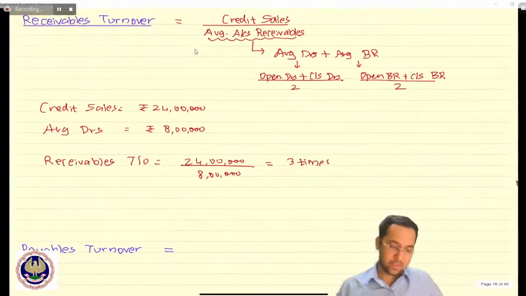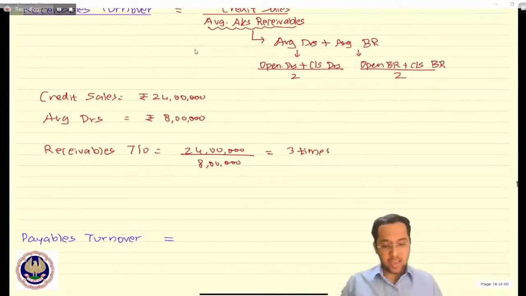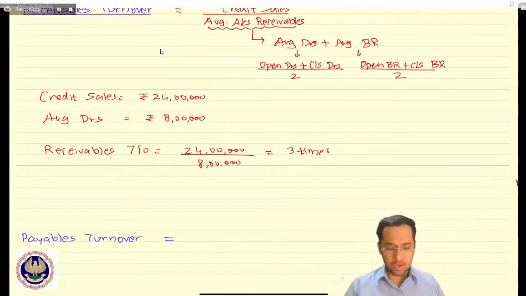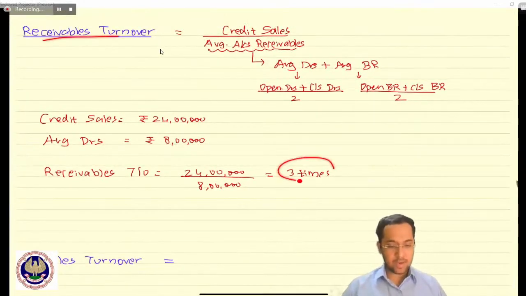It simply means to generate sales of 24 lakh, we had average debtors of 8 lakh. So it means 3 times of our debtors we are able to generate as sales. So receivables turnover we get is 3 times.